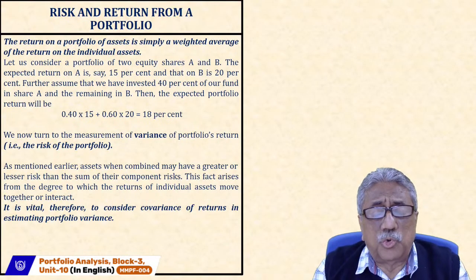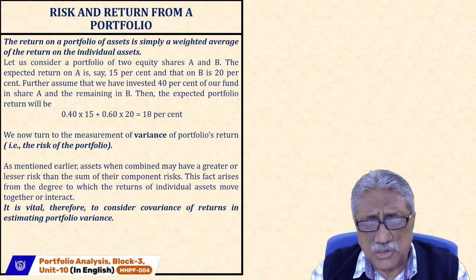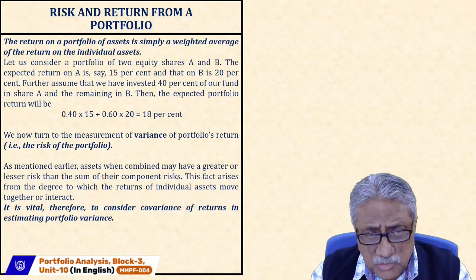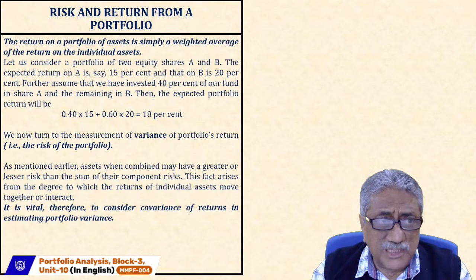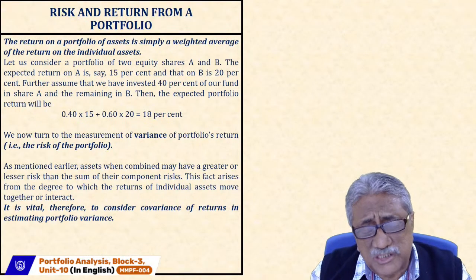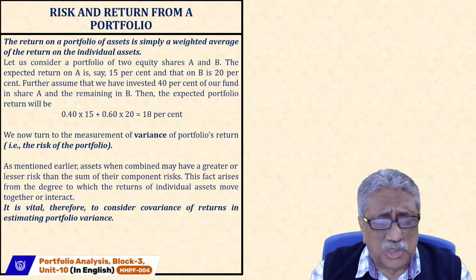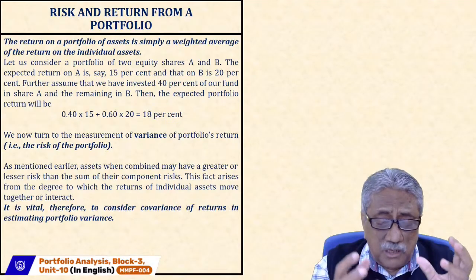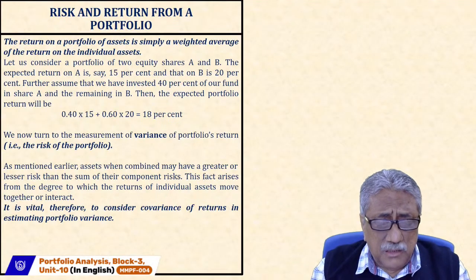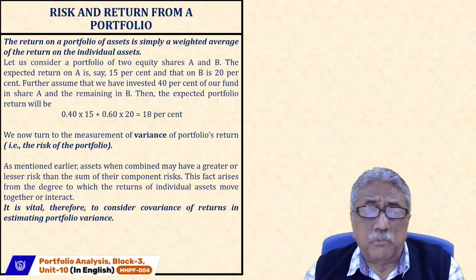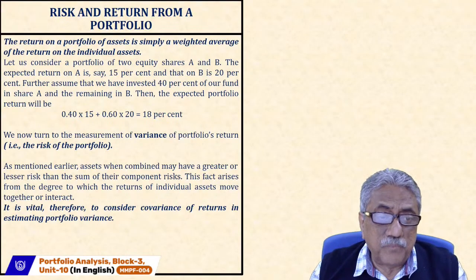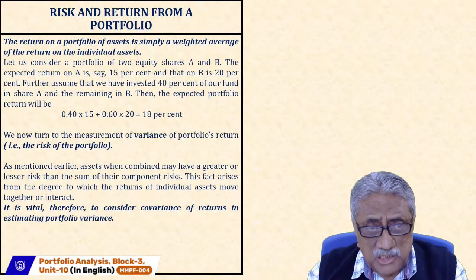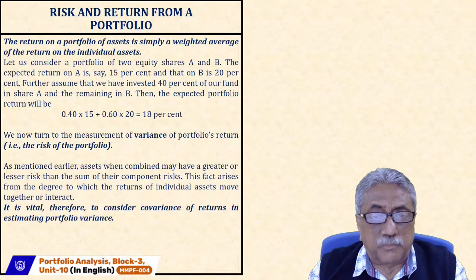So you need to know, when you are selecting stocks, how these two stocks move. It's very good if the two stocks move in the same direction. The market is good, both do well, I will make a lot of money. But when the market is bad, both go down and I lose a lot of money. So I need to know the correlation or the variance of the portfolio return.